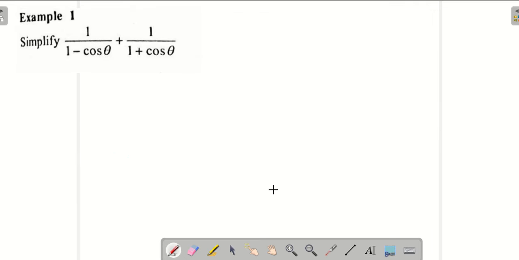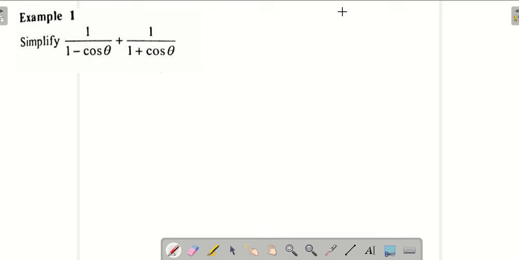Alright, now let's also look at this type of question. Here we are trying to simplify trig identities. So we have 1 over 1 minus cos theta plus 1 over 1 plus cos theta. For you to be able to solve these questions, you have to go back and revise the identities.